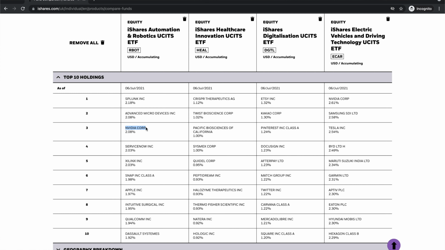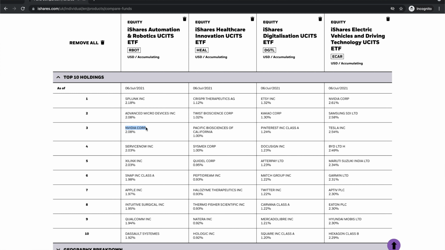So this is important to know, because if I'm going to invest in the electric vehicles ETF and the iShares automation and robotics ETF, then I'm slightly more exposed to movements in the NVIDIA stock. However, it's only 2% of the fund, so it's not bad at all, right? It's fairly minimized, but still.